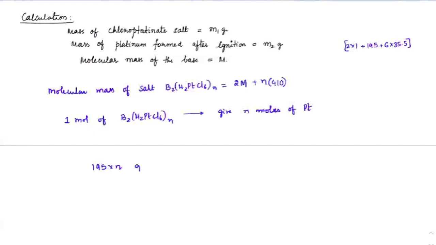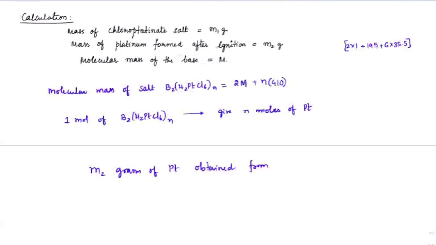Got it? Sorry, let me write one more statement so that will become easy. If you take M2 grams of platinum obtained, total mass that has been obtained is M2 grams, from M1 grams of salt, because originally the salt which I have taken is M1 grams, correct?